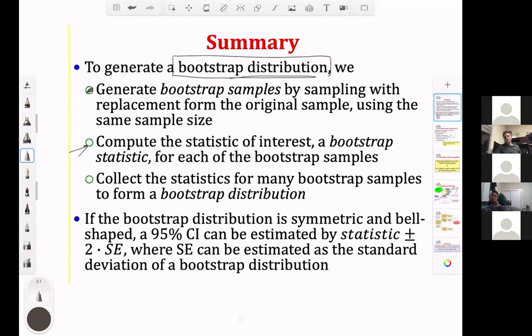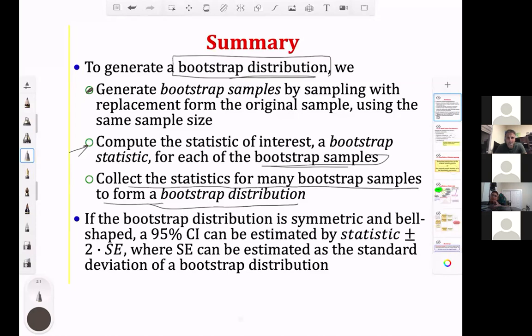For example, if you're looking for an average, a standard deviation, or a proportion, you need to apply it to each bootstrap sample. Third, collect the statistics for many bootstrap samples to form a bootstrap distribution.